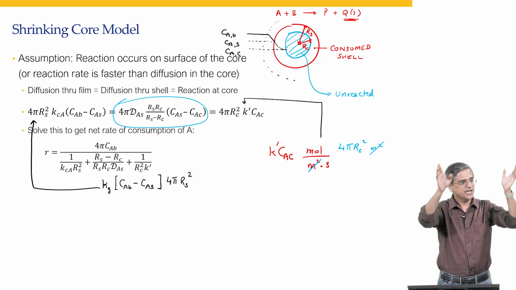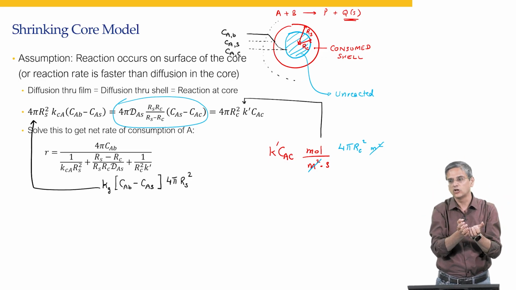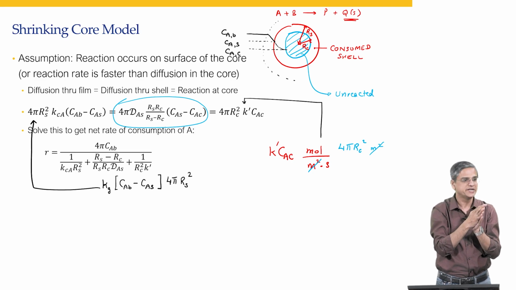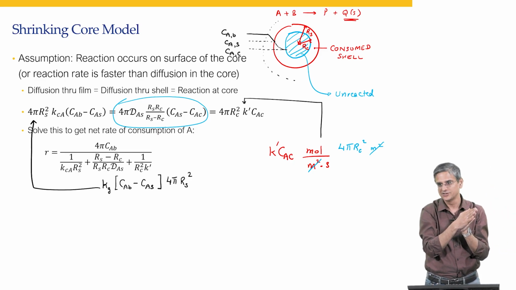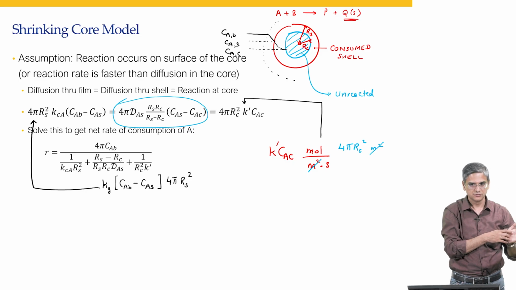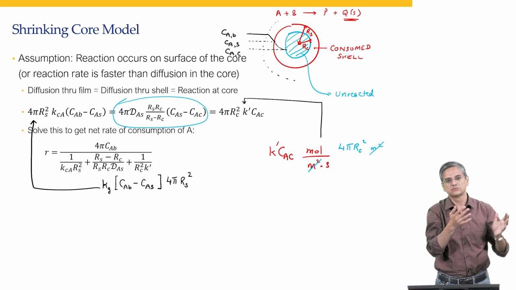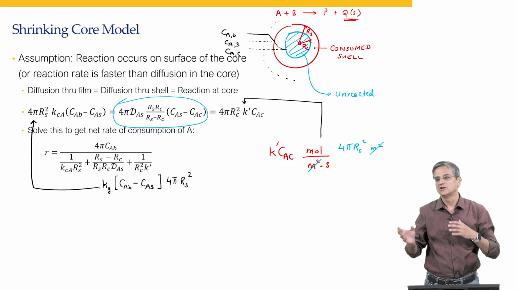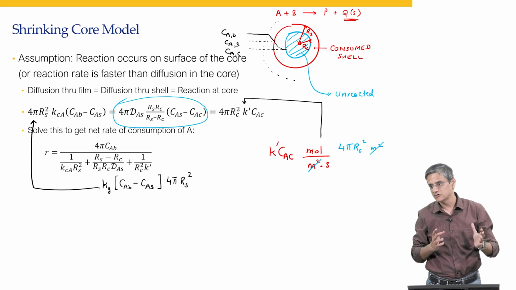Okay. At any location, what is going to be the overall model if no reaction is taking place? It is going to be D del square C equal to 0, because no reaction is taking place. Okay. So, you can solve D del square C equal to 0, okay, which is going to basically lead you to dC by dr equal to some constant divided by r squared or r to the power 1.